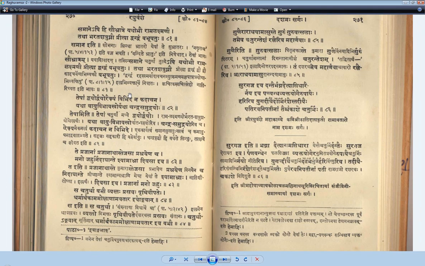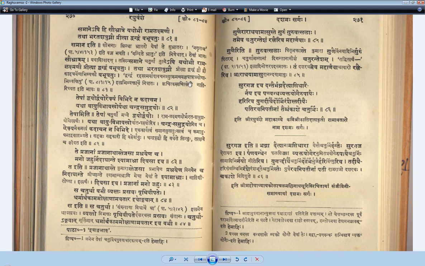Kvachit kasyachit sneho natirichyate iti bhavaha. Atirichyate comes in the Gita, right? Maranadatirichyate. A very nice subhashitam in the Gita: Sambhavitasya cha kirti maranadatirichyate. For one who has been honored, dishonor is worse than death. Atirich means it excels, it becomes more.